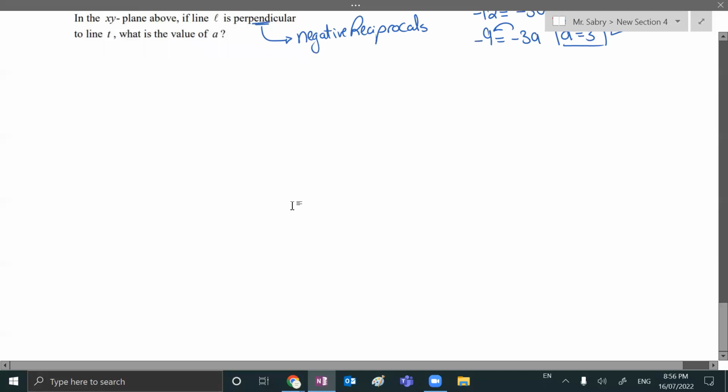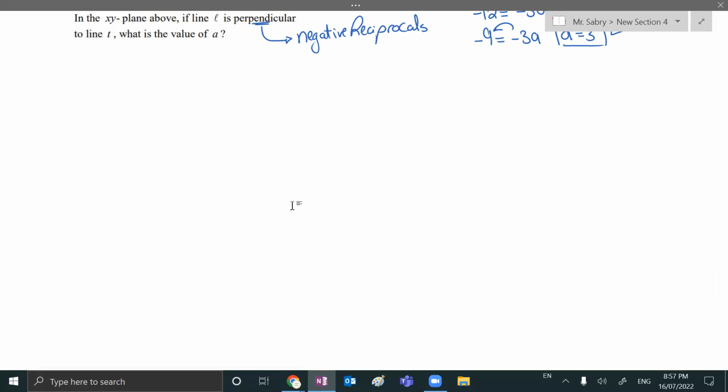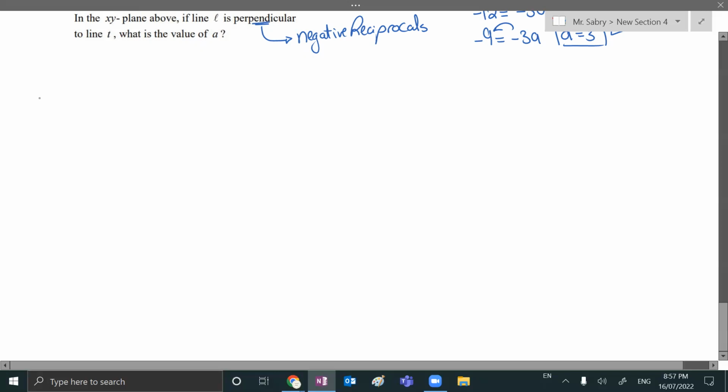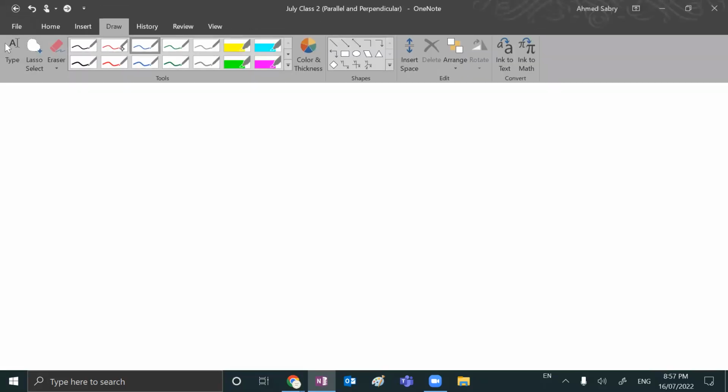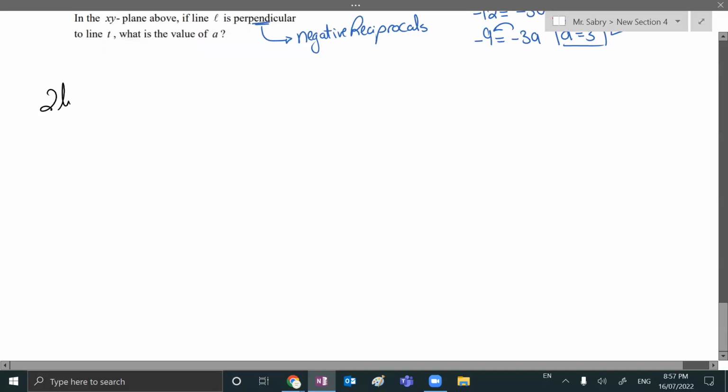we also need to go through the ideas of systems of equations, because we're now discussing two lines at the same time. We're saying that they're parallel, or perpendicular, or whatsoever. So we're now talking about two lines that are graphed at the same time, or that are on the same xy axis.